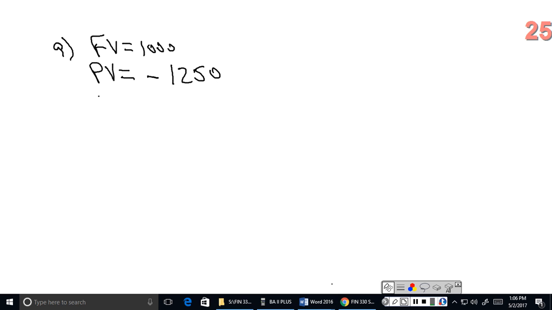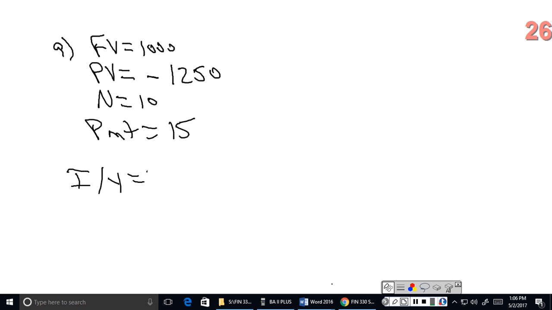The N and the payment. Now, for the yield to maturity, we want to compute the I/Y, which is the yield to maturity, and it should come up to, it says the answer is A, 10.79%. We'll take a look at that in just a second. I'll make sure everybody has this written down.